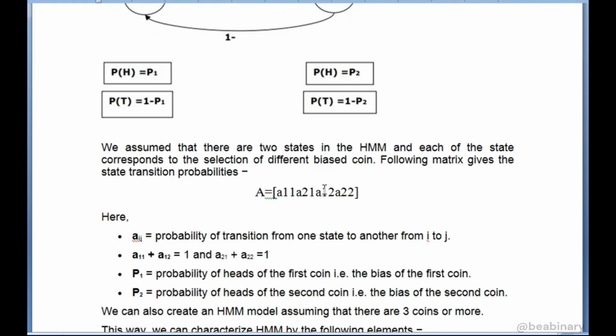ठीक है, ये है. Now we assume that there are two states in HMM, okay, and each of the states corresponds to the selection of a different biased coin.